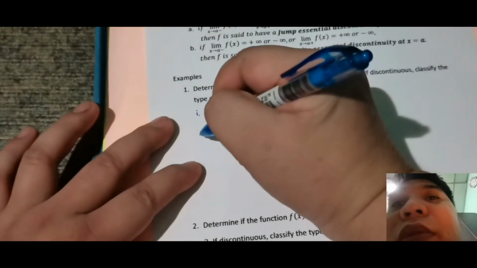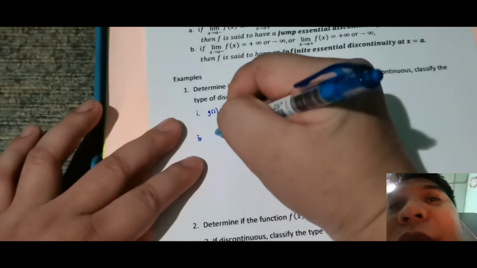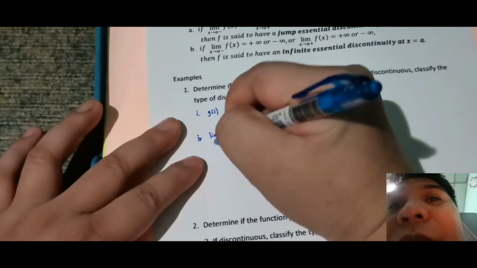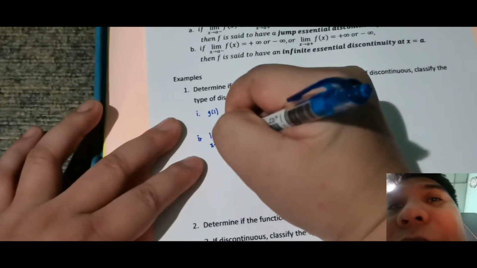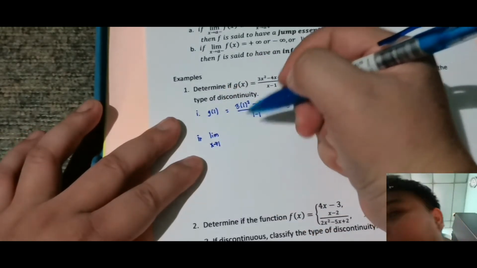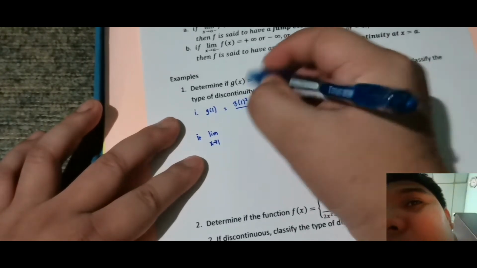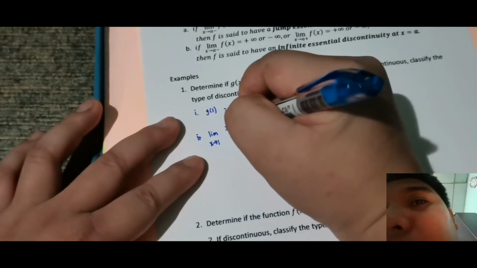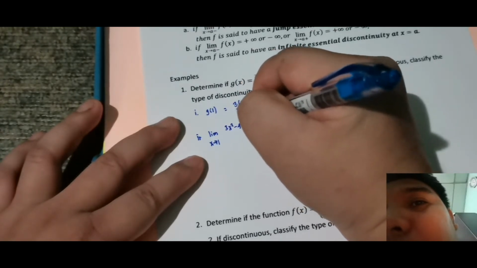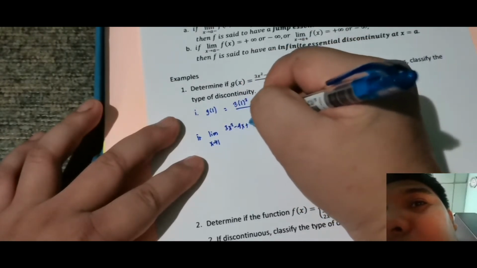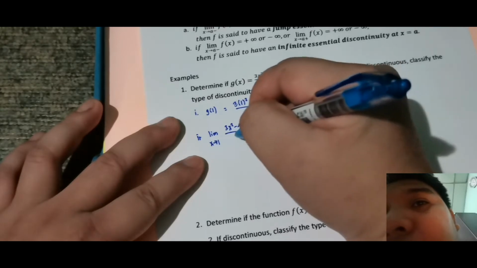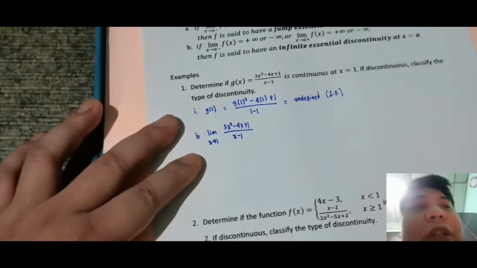So, for test 2, kunin natin yung limit as x approaches 1 ng 3x squared minus 4x plus 1 over x minus 1.